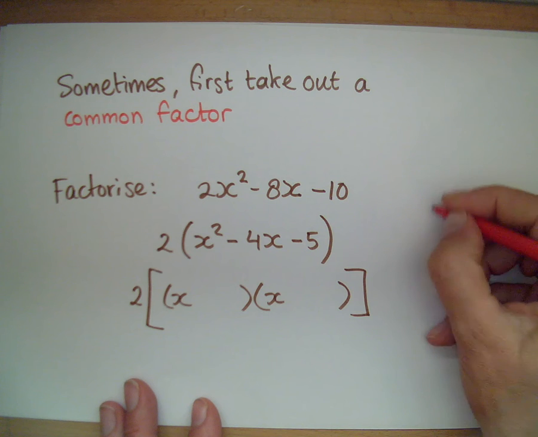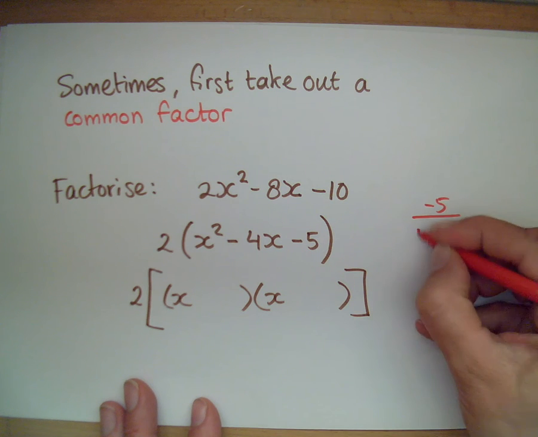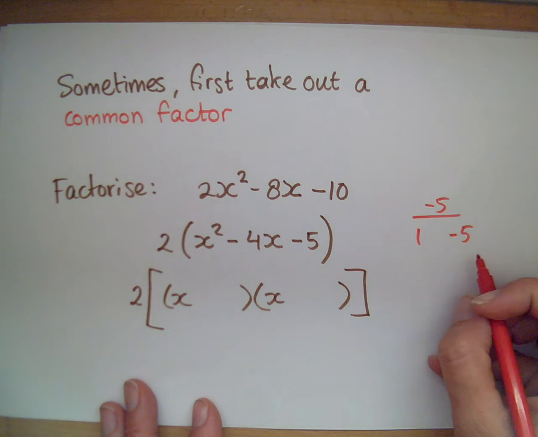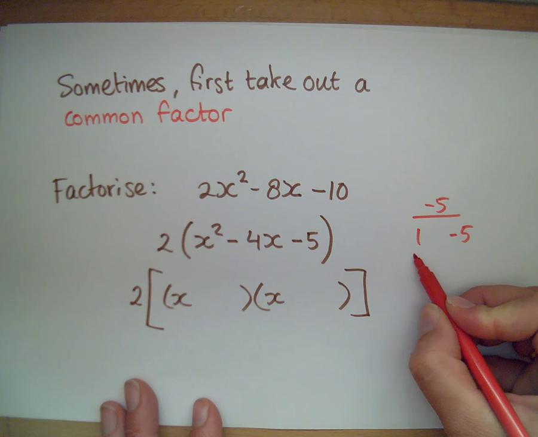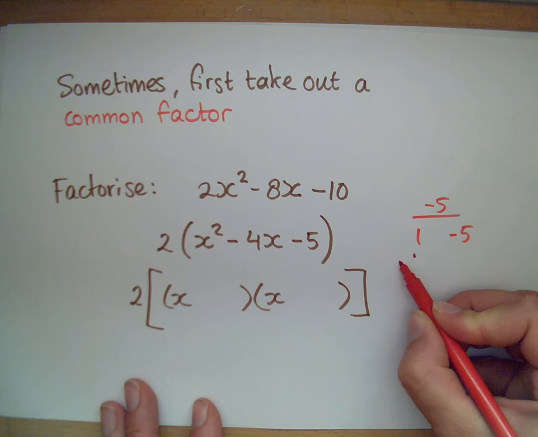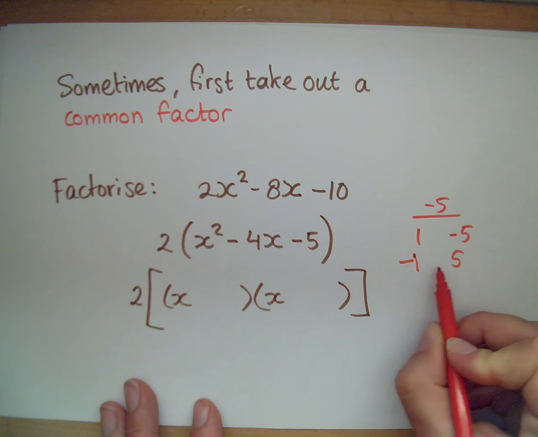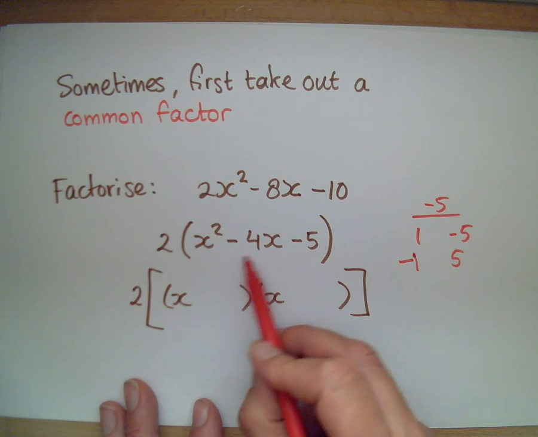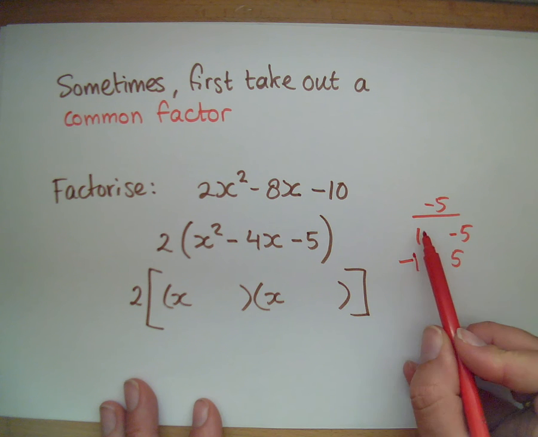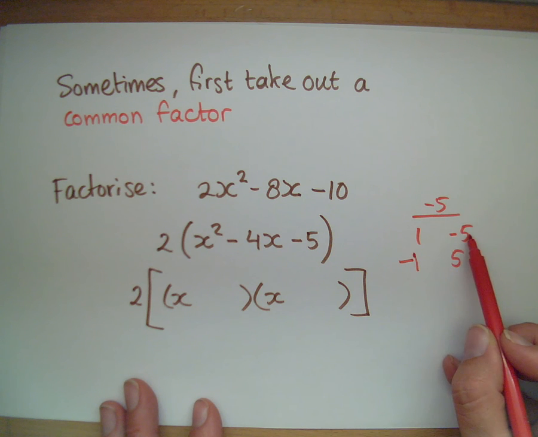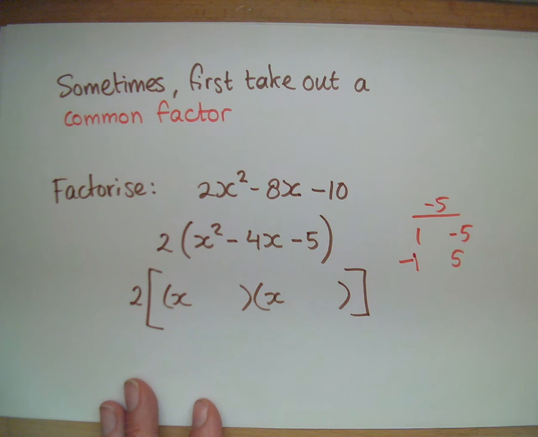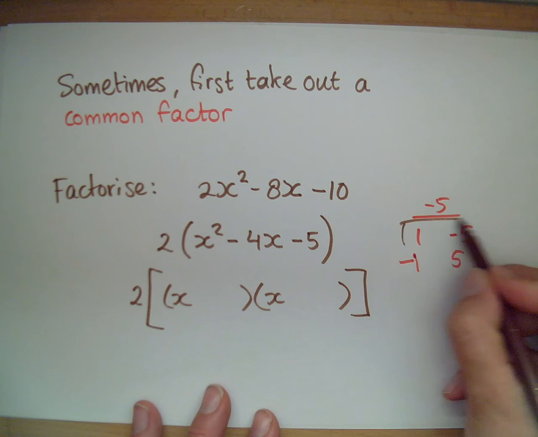Let me write those down. Negative 5. We could have gotten that by doing 1 times negative 5 or negative 1 times 5. Which of these two add up to give negative 4? 1 plus negative 5 is negative 4. So this is the one.